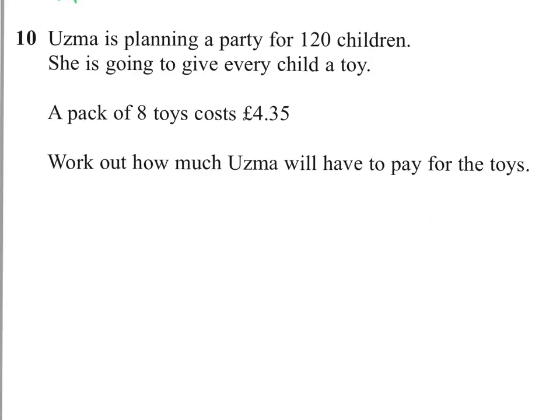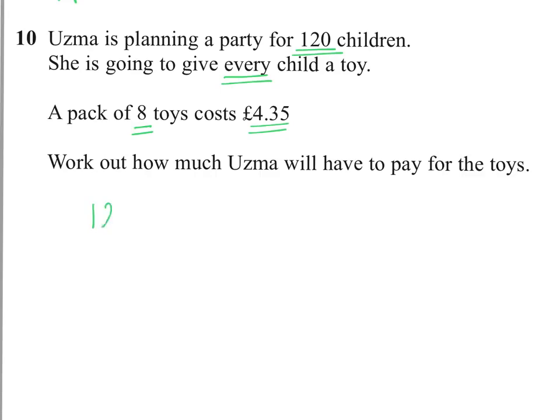Question 10. Uzma is planning a party for 120 children. She's going to give every child a toy. And it says here that a pack of 8 toys costs £4.35. Right, so we've got to be careful here. They come in packs of 8, so we've got to work out how many packs we're going to have first.